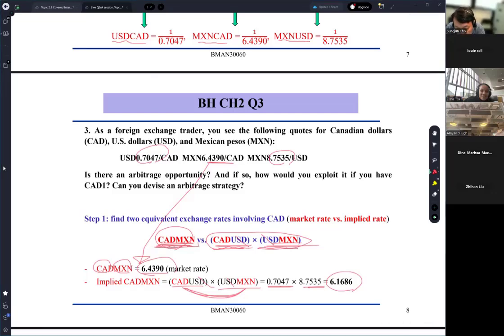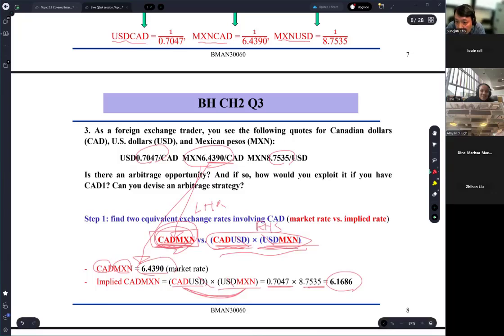So we are comparing market rate, the quoted price, CAD MXN, price for exchanging Canadian dollar or Mexican peso, which is this one, market rate, versus the implied CAD MXN. So I said this is left-hand side, so LHS, and this is the right-hand side is RHS.